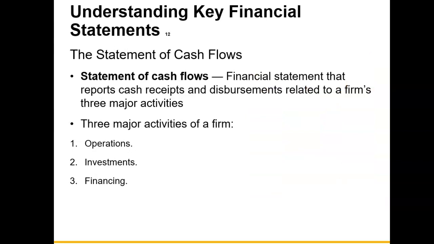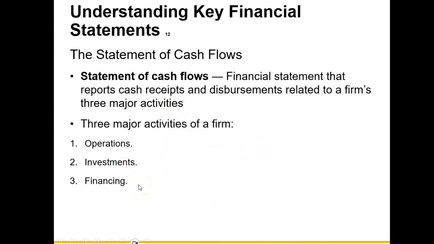The statement of cash flow is another type of financial statement. What this statement shows are our different cash activities, our cash receipts, cash coming in, and our cash disbursements, which is cash going out. And they're broken down into three major types of activities: operations, investments, and financing.